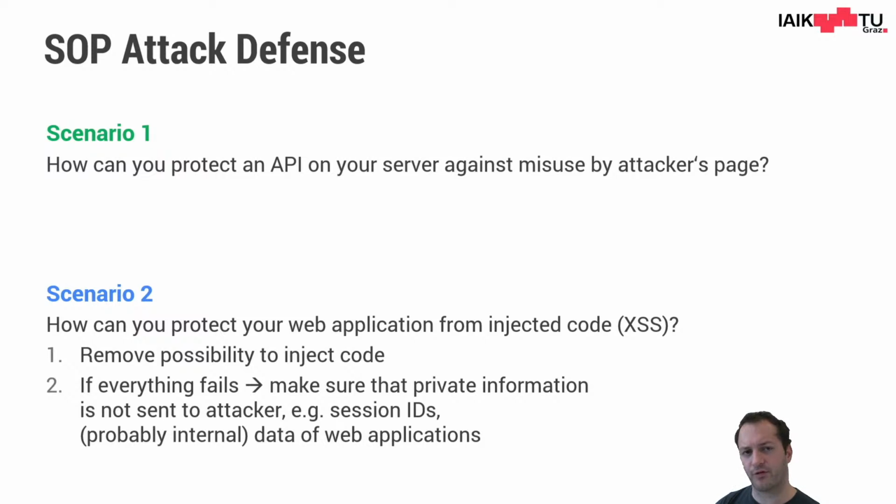You want the inputs to be secure, and you don't want anyone to be able to inject something. So you want to, of course, first remove the possibility that someone injects something. But if this is no option, you want to make sure that the impact of this injection is not really high. So you want to make sure that we constrain the effect of this. So how can you prevent this?